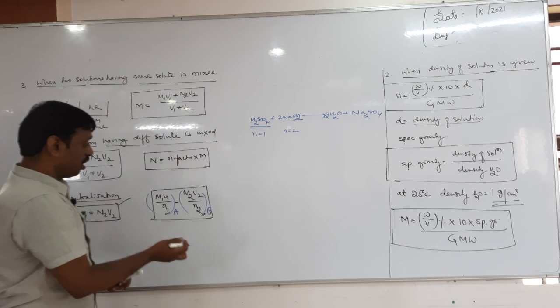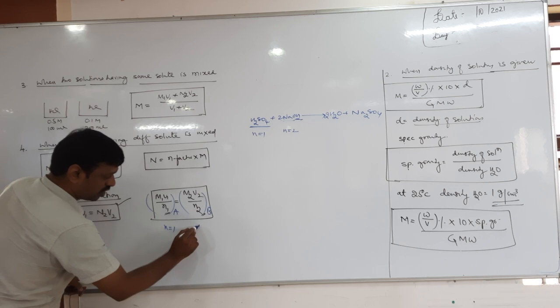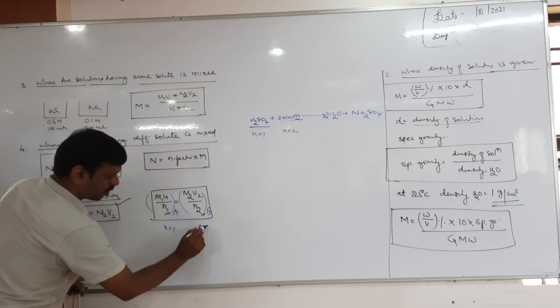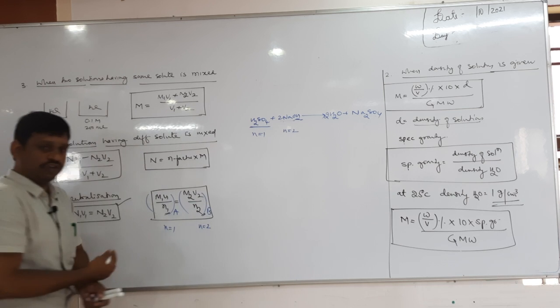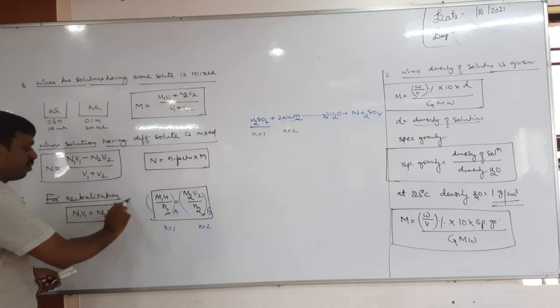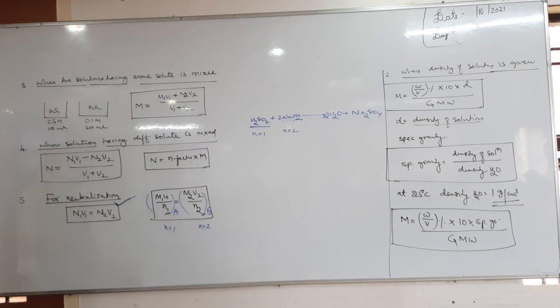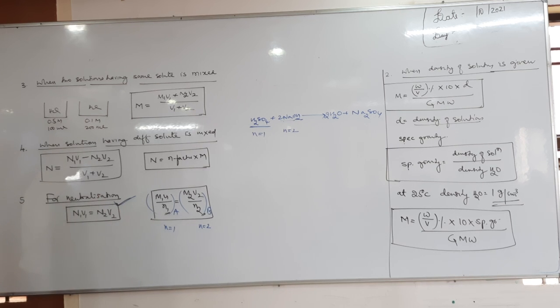So the acid coefficient is 1 and the base coefficient is 2. Here we need to use coefficients. But if you use this formula, N1V1 equals N2V2, coefficients are not required. So this method is more preferable to calculate molarity or normality in neutralization reactions.